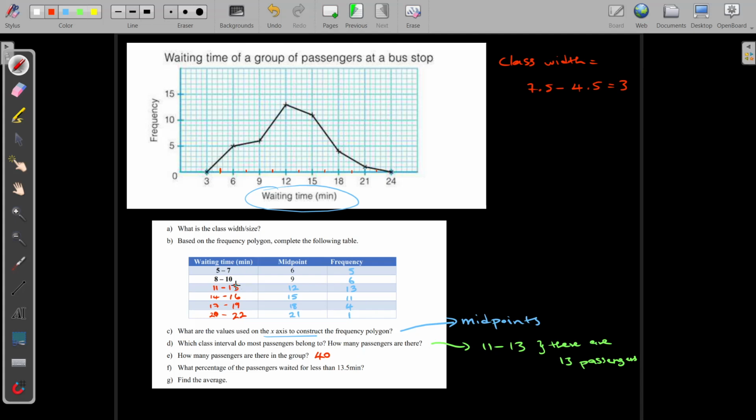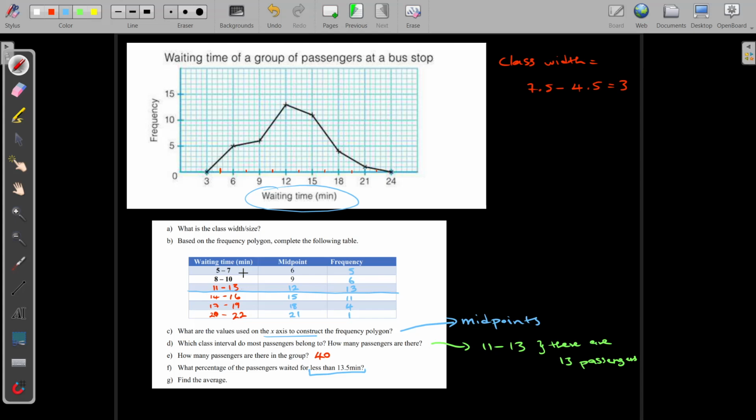It would be the upper class boundary for this class interval. So we need to count, stopping at this, because it says less than 13.5 minutes. Is everyone following? We have to look at where 13.5 could possibly be. Seeing that the upper class boundary for this class interval would be at 13.5, we can look at the frequencies for these class intervals.